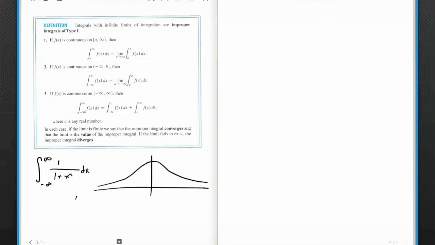Now here we said we can go from negative infinity to infinity, and I've just got to pick some number in the middle, and obviously the number here in the middle would be 0, because that would make sense. But I notice that the area on the left half of this is the same as the area on the right half of this. So I'm only going to look at the right half to save myself a little bit of work. So in green, I'll just highlight the right half.